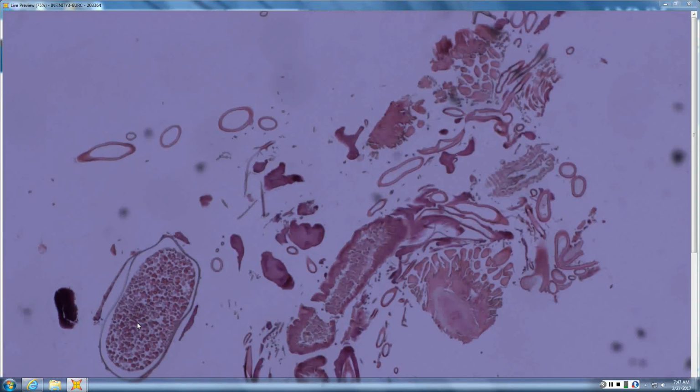What did they just punch out? Some kind of worm. Some kind of something alive, right? The gut is filled with blood, so it's something that was blood-sucking. It has striated muscle.